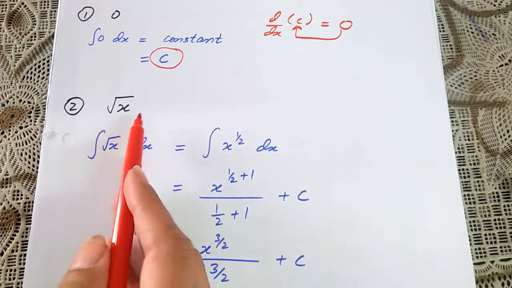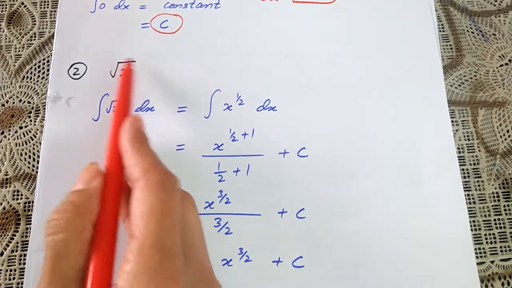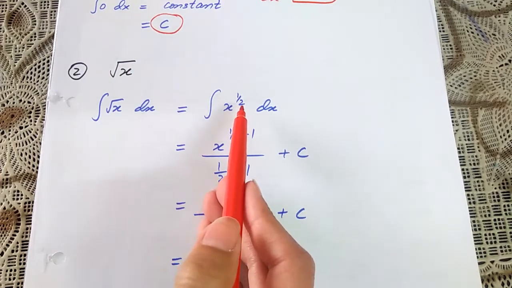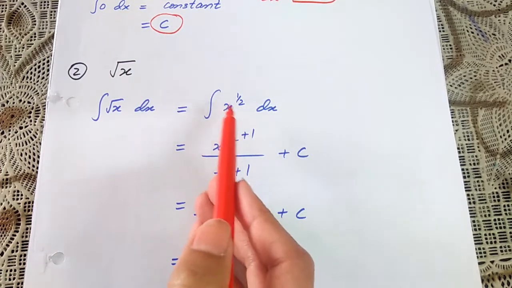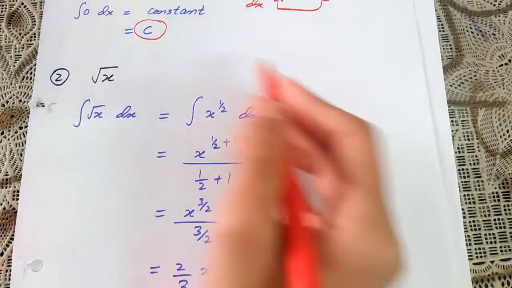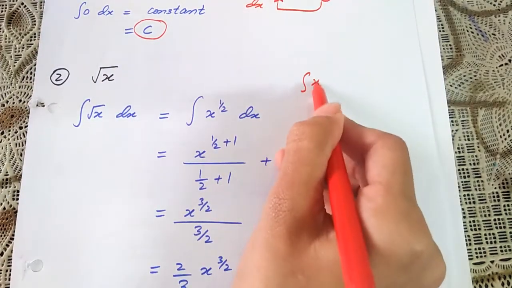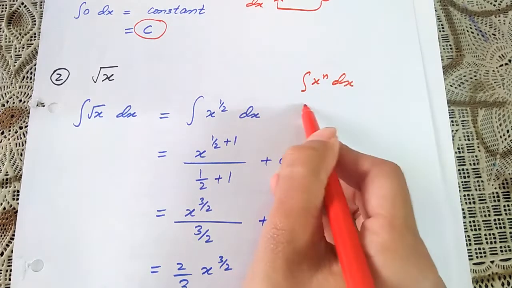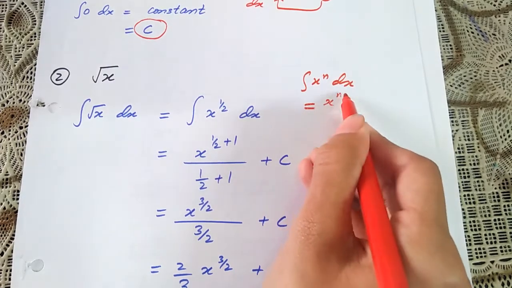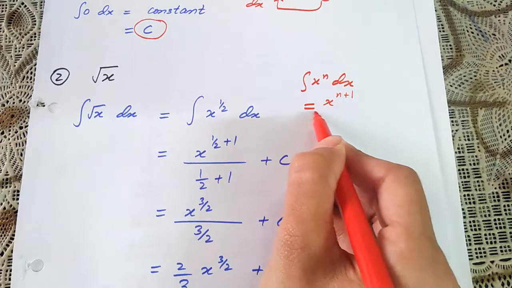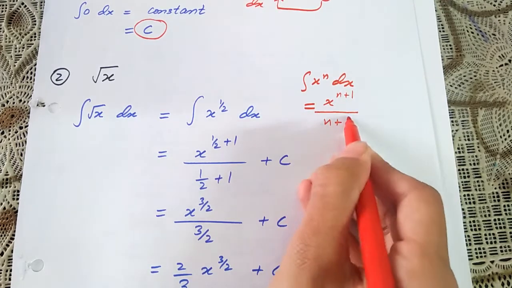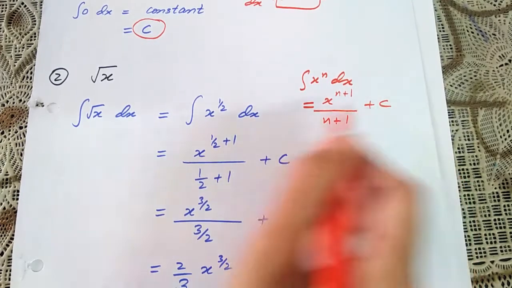Integration of square root x. Just open this square root in power form. In the table of integration, there's a rule that integration of x raised to power n dx is always equal to x raised to power n plus 1 divided by n plus 1, plus this constant.